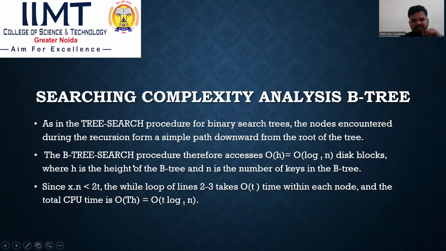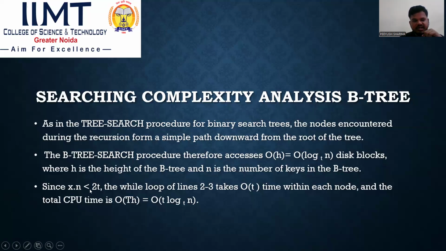So in the B-Tree-Search procedure, the number of disk blocks accessed is order of h. What will be the order of h? That will be order of log n base t, where h is the height of the B-tree and n is the number of keys in the B-tree.